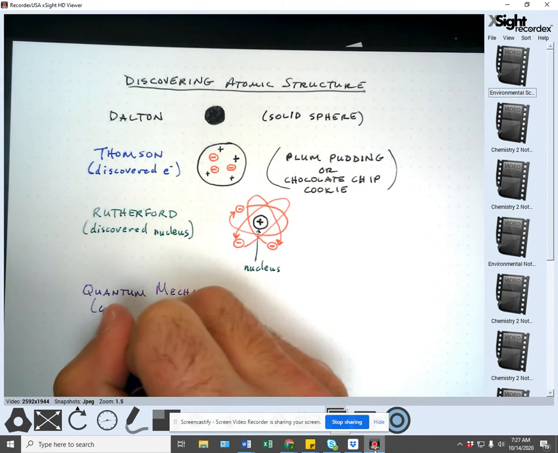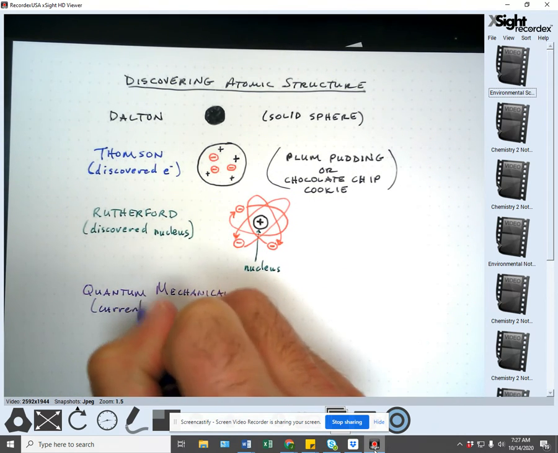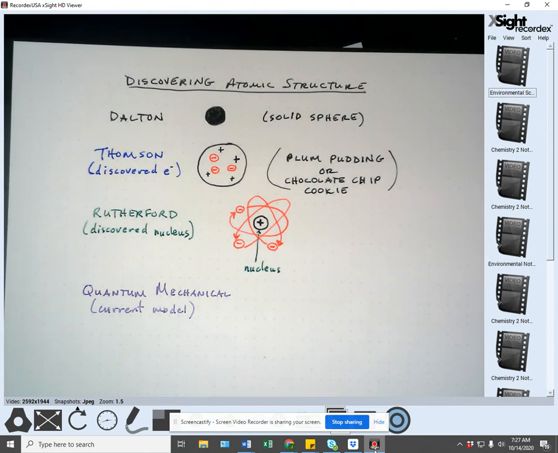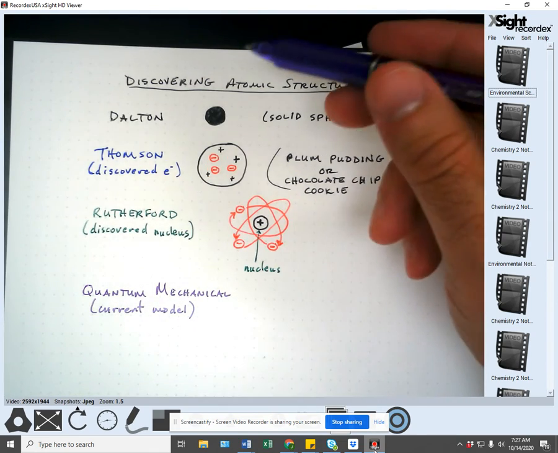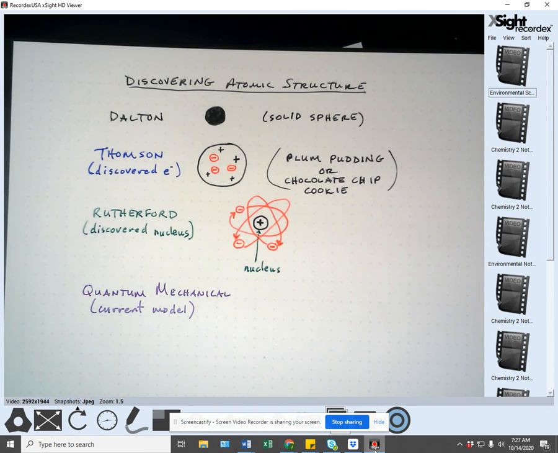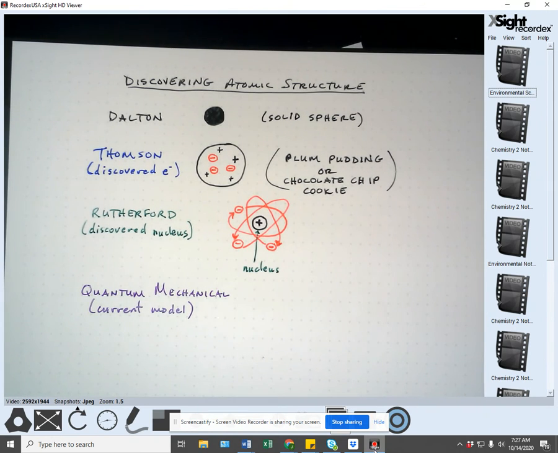This is the current model of the atom. We'll talk about that in a different unit. Okay, so this is the development of atomic structure and how our understanding of the atom changed throughout the years. All right, that's it.